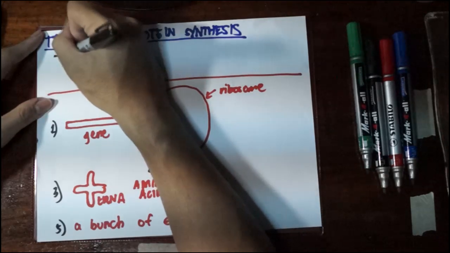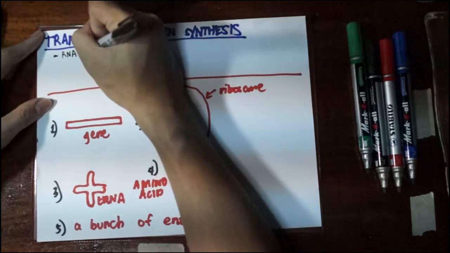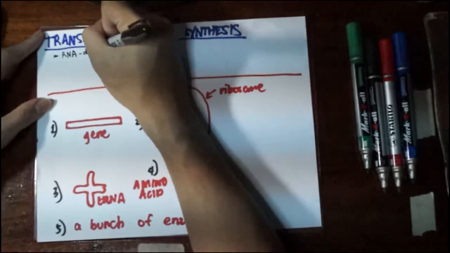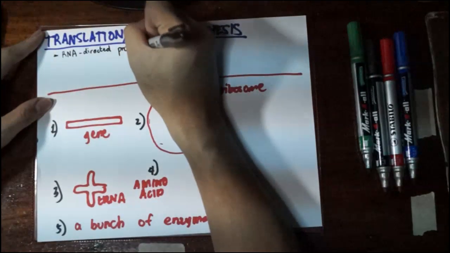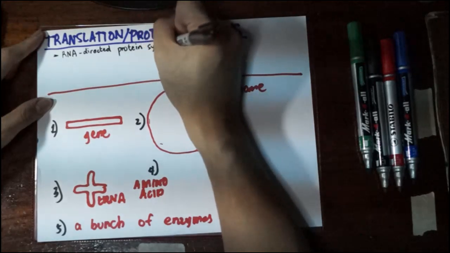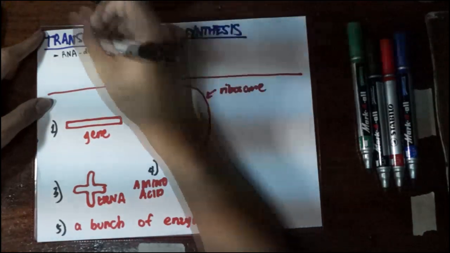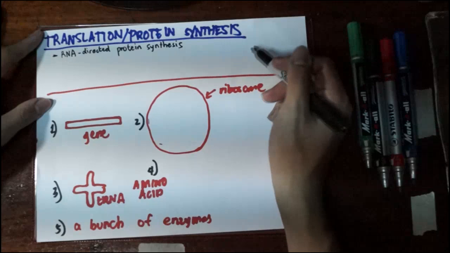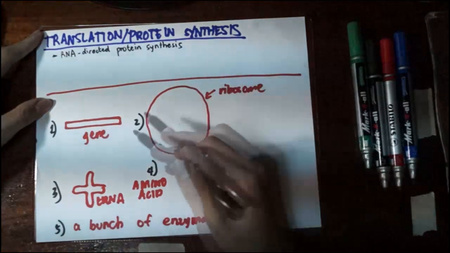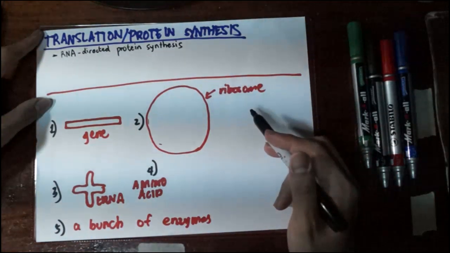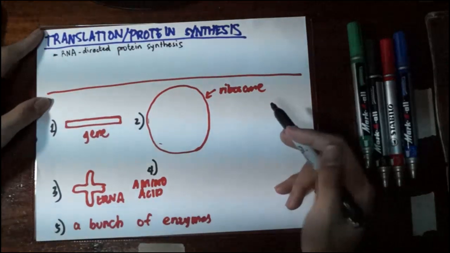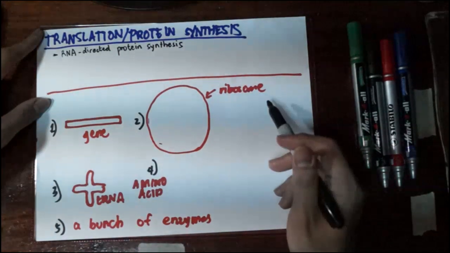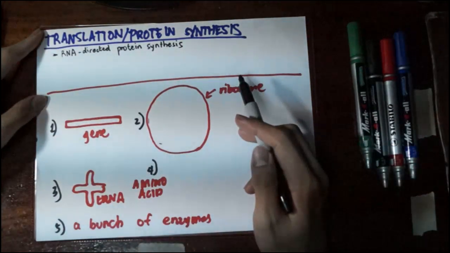So we could also name translation RNA-directed protein synthesis. And we know that in protein synthesis we use the ribosome, which is in the cytosol but outside the nucleus, to produce the proteins out of the mRNA that we have produced.